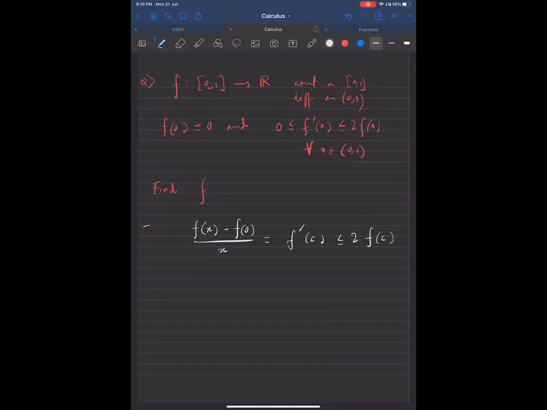Now again we can apply the mean value theorem on f(c), so we can get 2 into c1 into c2 into c3 up to infinity.